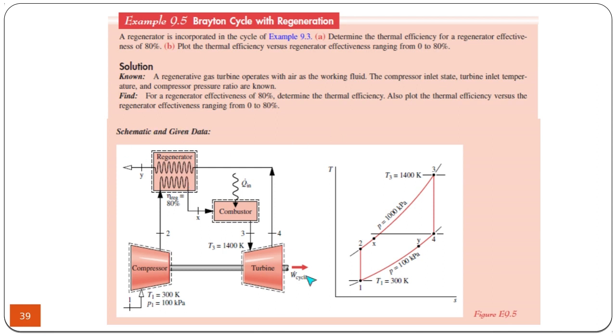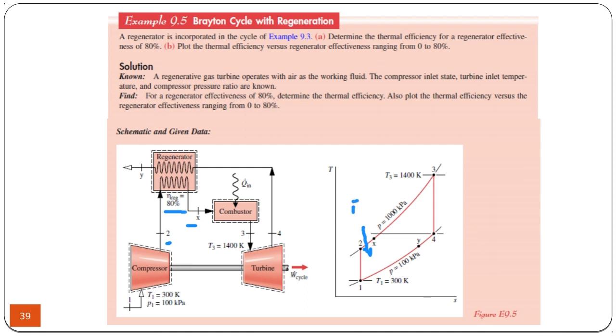So this is a regenerator with an effectiveness of 80%. And because of the regenerator, the exit of the compressor is heated from 2 to X. So this heat comes free from the waste heat. So this can be called a free heat.